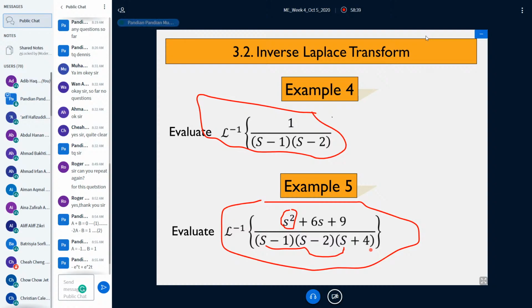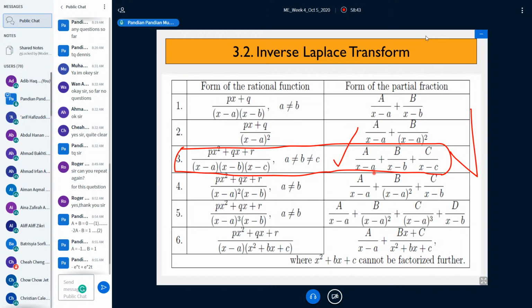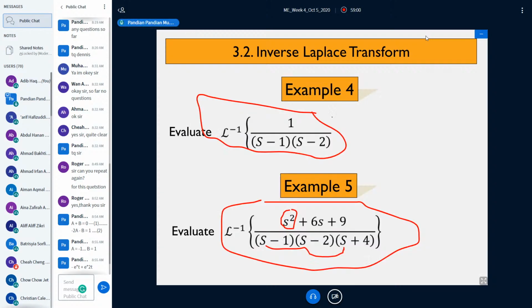Now, if you use formula number 3, you have A over s minus 1 plus B over s minus 2 plus C over s plus 4. So, you have left hand side (s squared plus 6s plus 9) divided by (s minus 1)(s minus 2)(s plus 4).